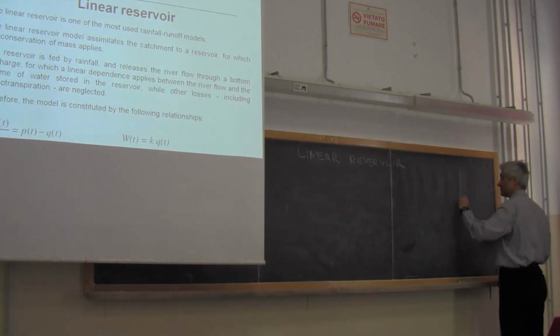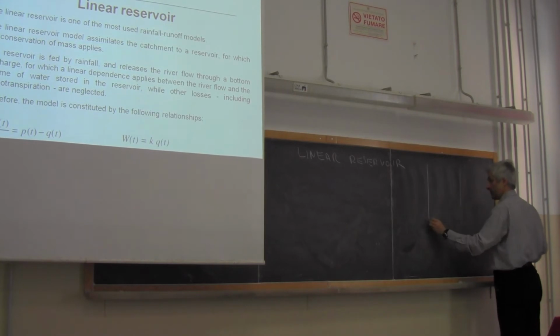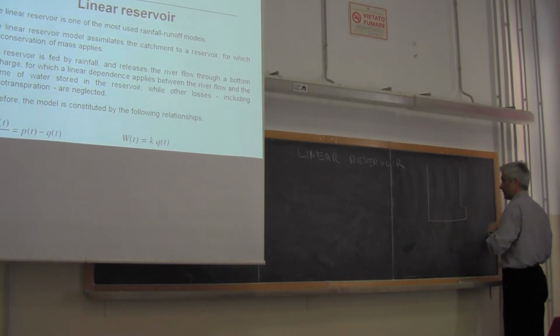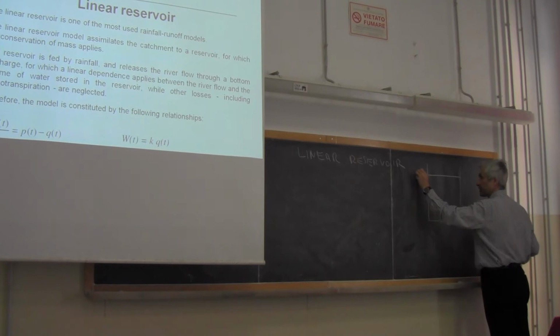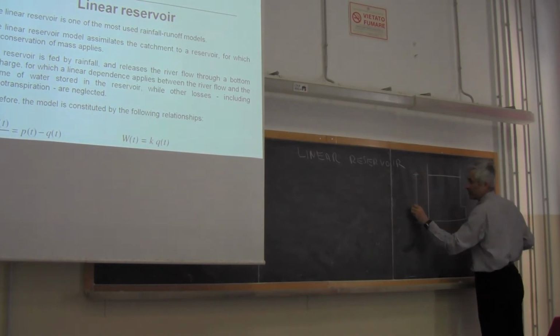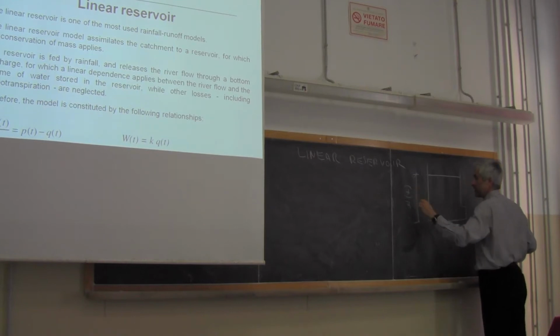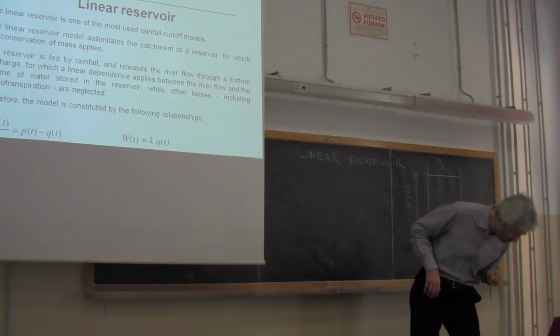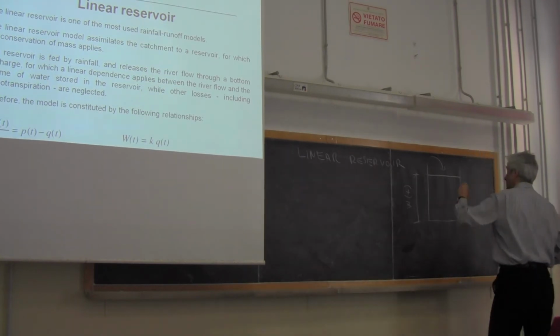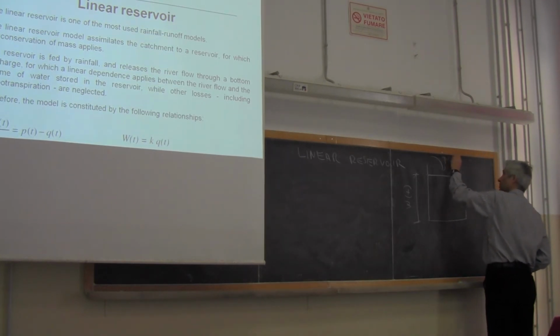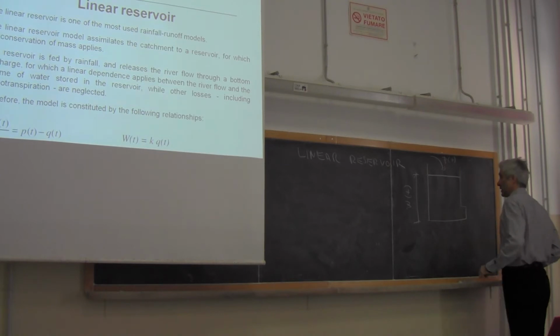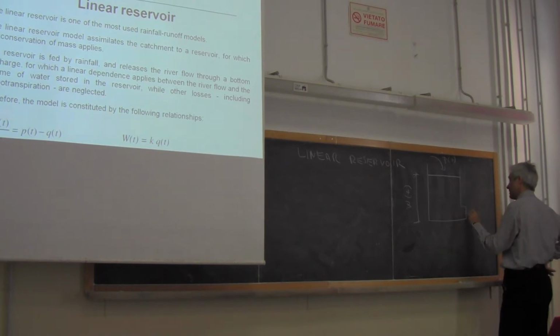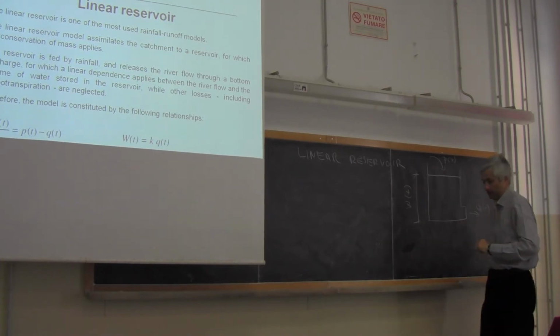The tank is here. The tank has a water content that is varying in time, and we call it WT. The tank receives rainfall, I call it PT, and releases a bottom discharge, QT.